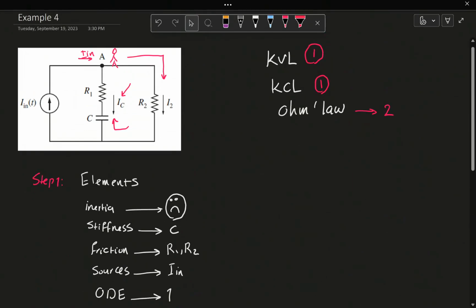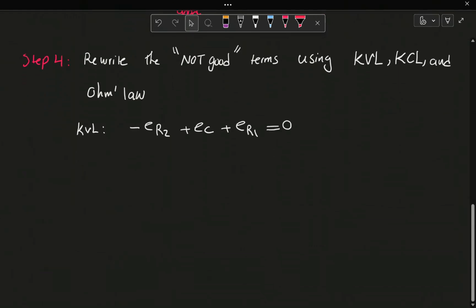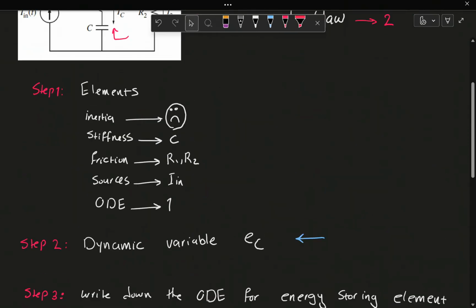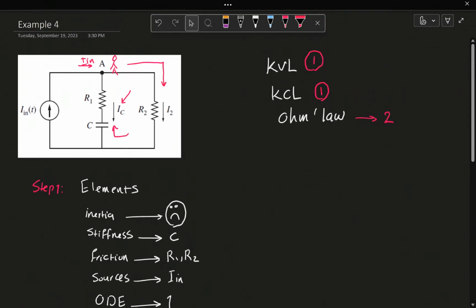Now let's do the KCL. For the KCL, the summation of the currents that enter and leave the junction or the node is 0. So if you look at node or junction A, you see that IN enters this node, so it's positive, and IC and I2 leave the node, so they are negative.